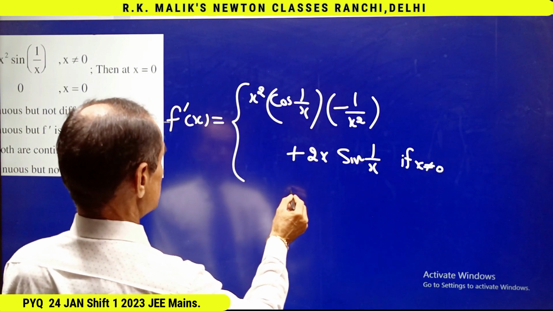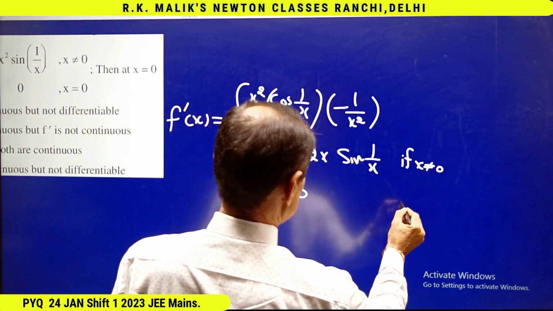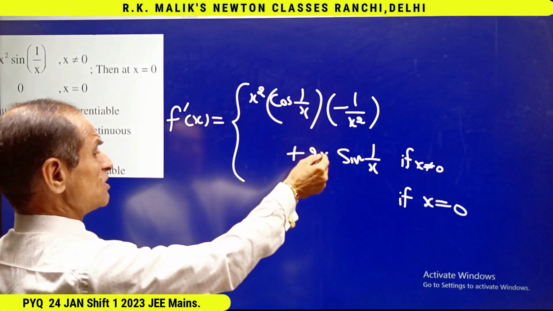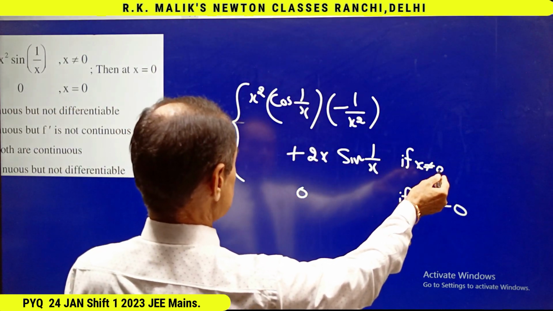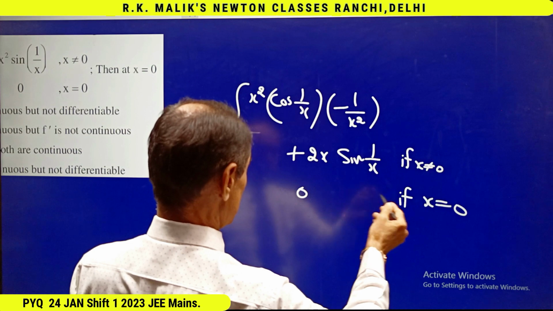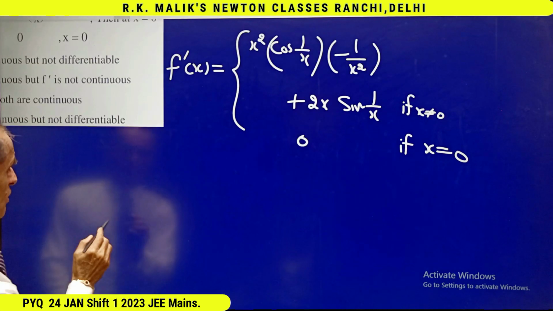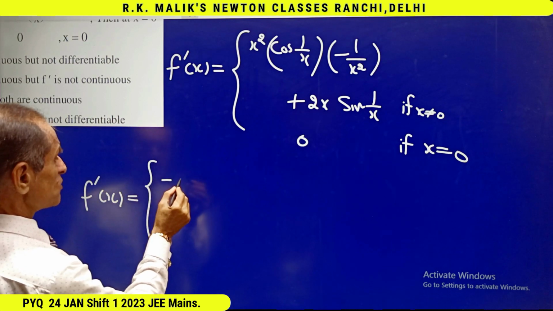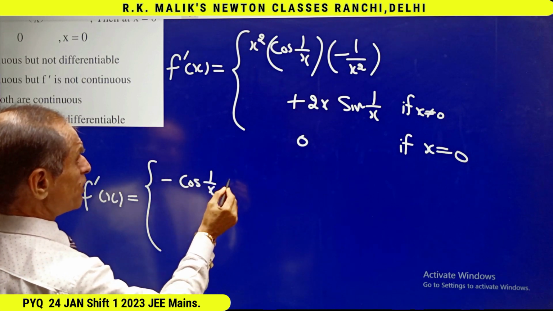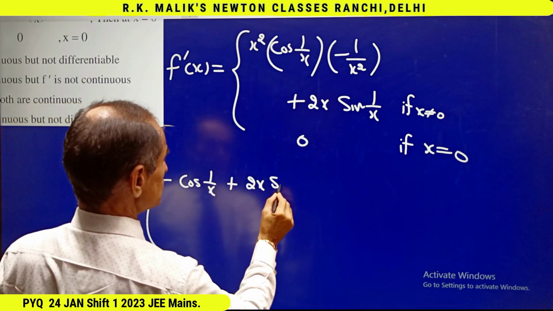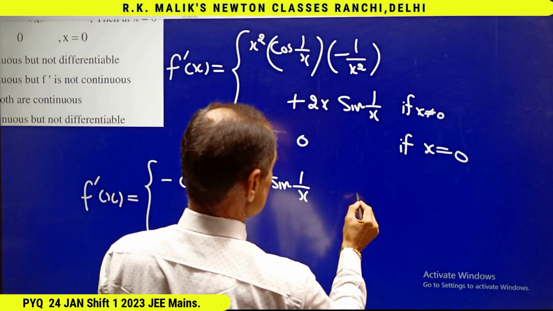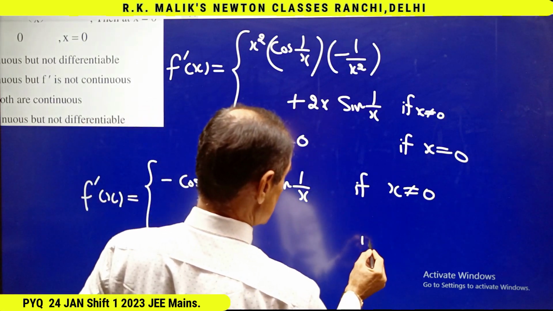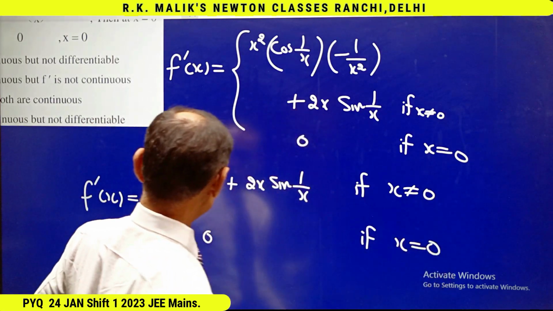Therefore, I will say 0 if x is 0. That is, f dash x is this thing plus this thing if x is non-zero, and f dash x is 0 if x is equal to 0. That is, f dash x is equal to minus cos 1 by x plus 2x sine 1 by x if x is non-zero, and 0 if x is equal to 0.